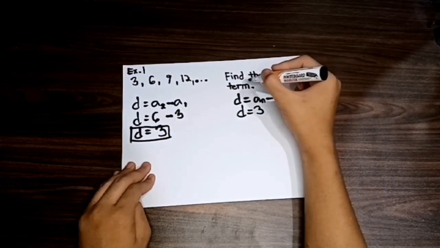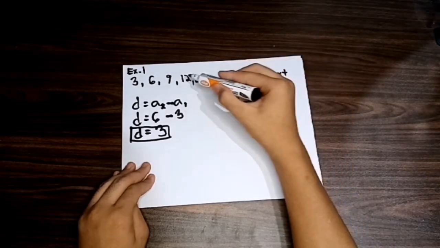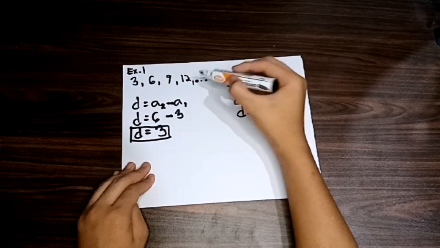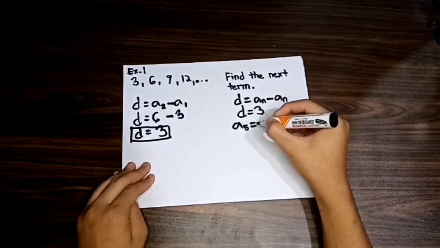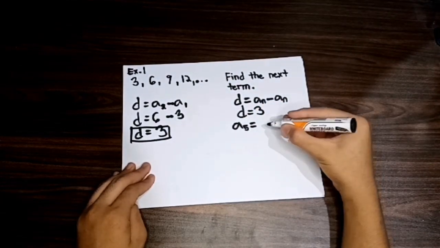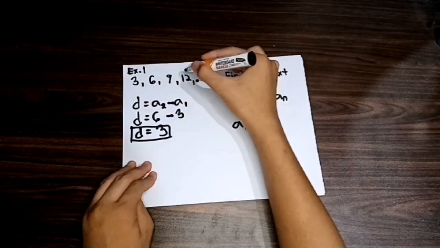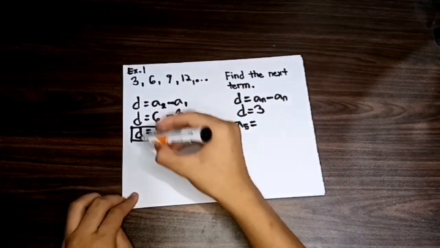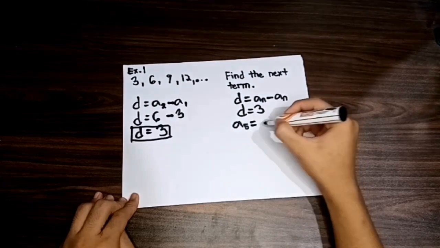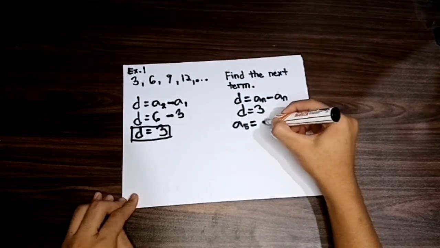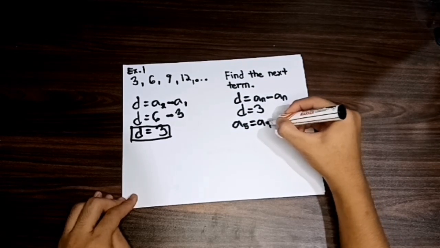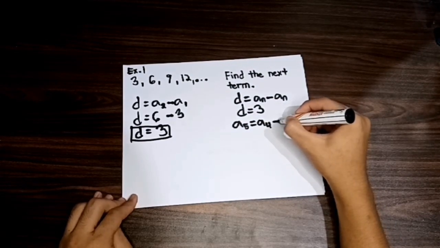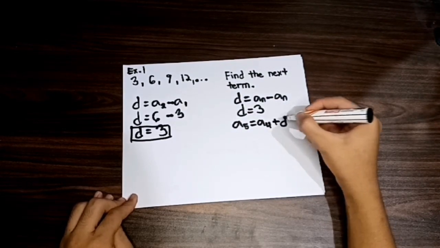So the problem is to find the next term. The next term is a sub 5 because 12 is a sub 4. To identify a sub 5, we just need to add a sub 4 to the common difference.